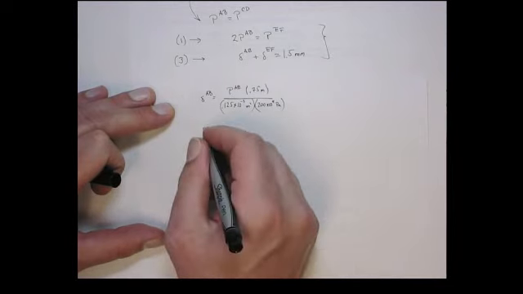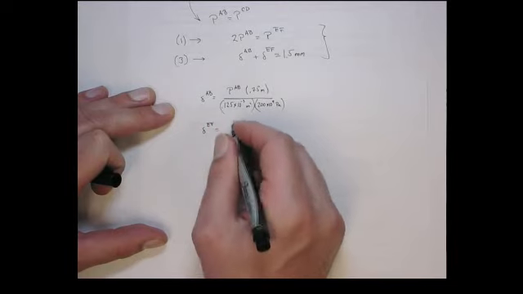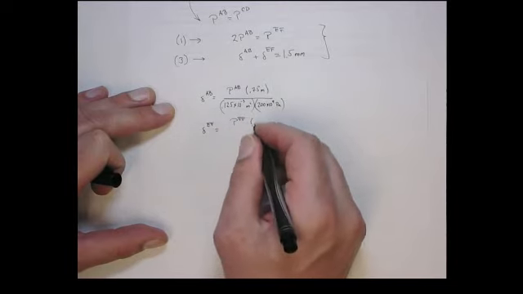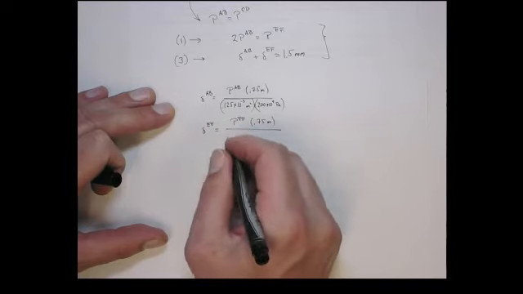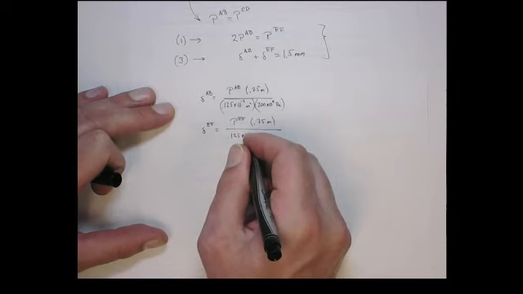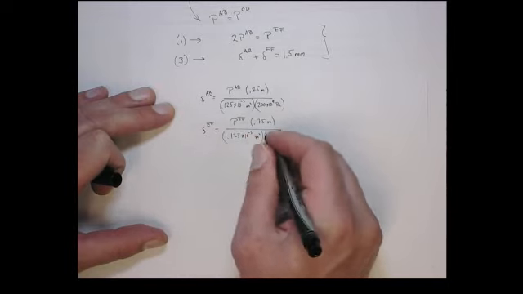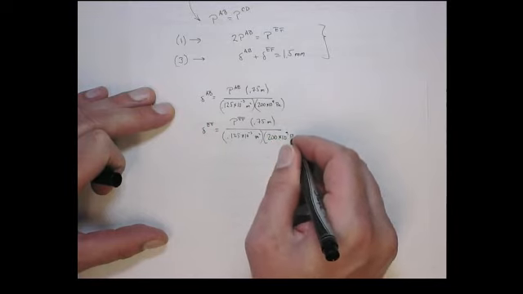Likewise, we can get the elongation in EF. It's the force in EF times its length, which is also 0.75 meters. Same stuff, 0.125 times 10 to the minus third meters squared, 200 times 10 to the ninth pascals.